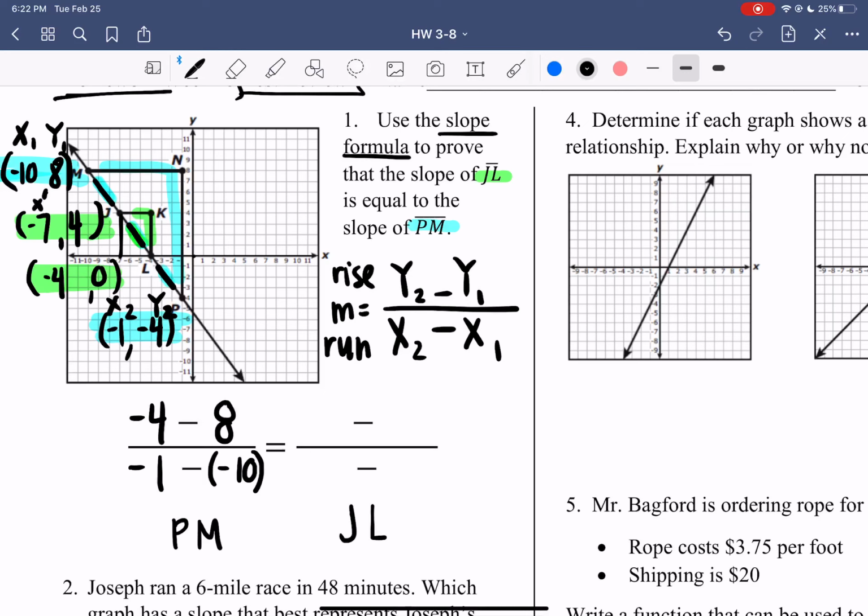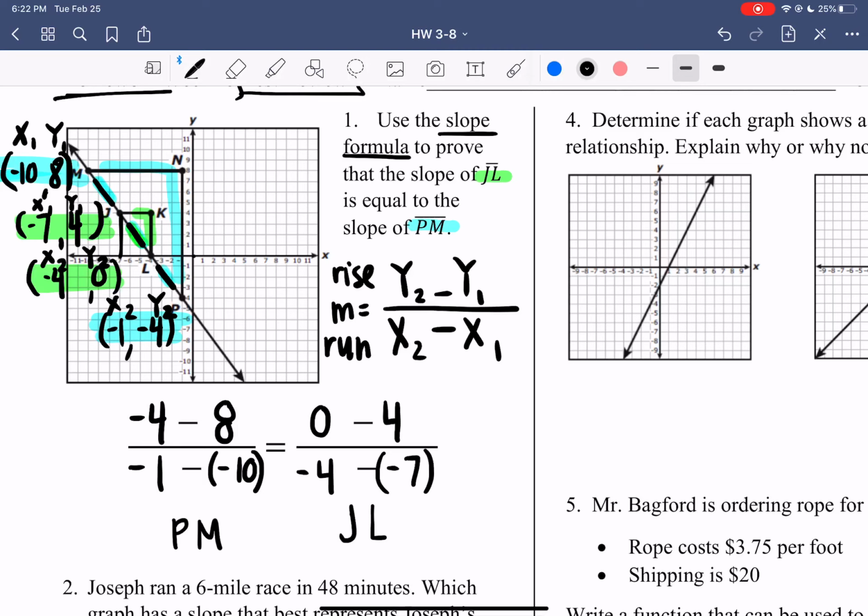For JL, y2 is 0 and y1 is 4, x2 is negative 4 and x1 is negative 7.